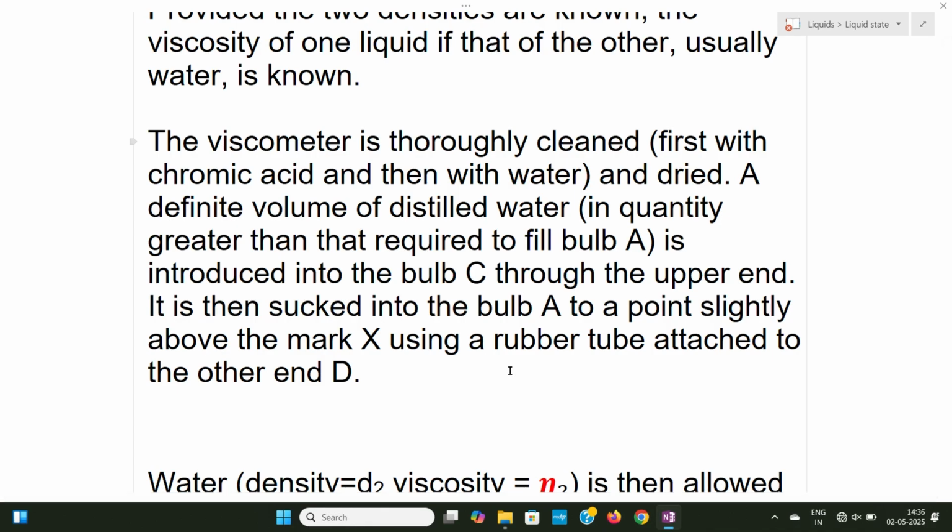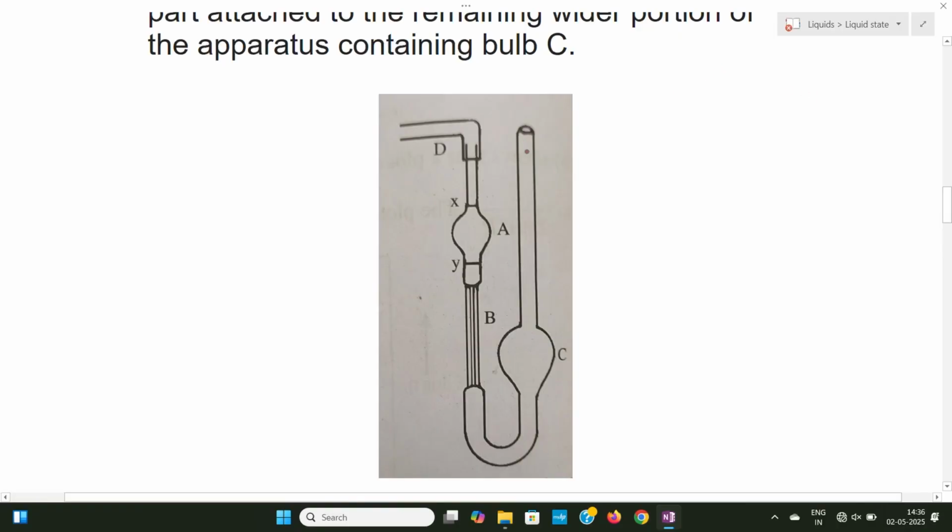Then we dry the Ostwald viscometer, and we introduce a definite volume of water through the bulb.